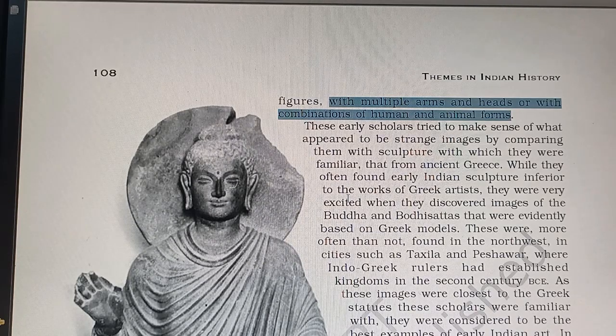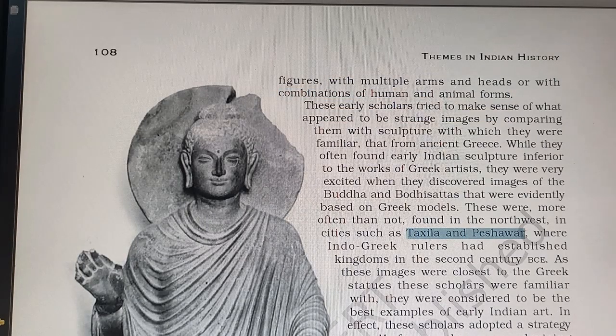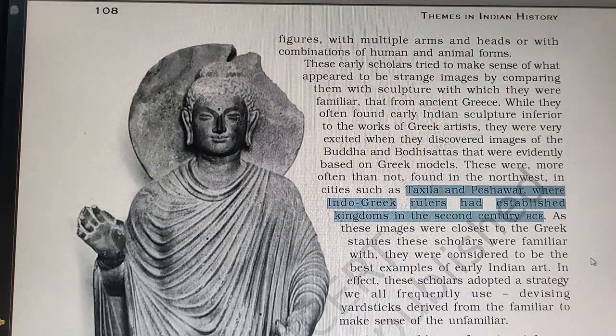But the sculptures found in the northwestern places like Taxila, and another place, Peshawar, where Indo-Greek rulers had established a kingdom in the 2nd century BC, these images were very nicely made.